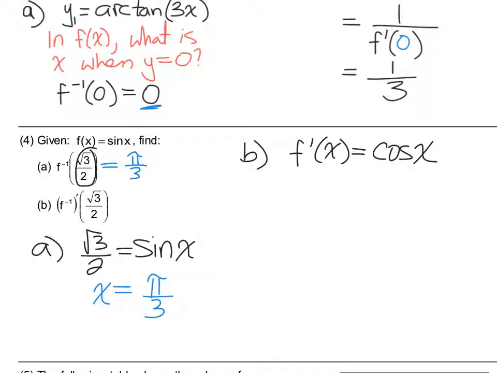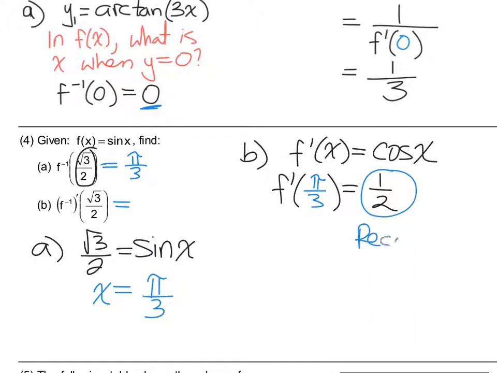And then evaluate that derivative for my answer to part A. So f prime of pi over 3. Cosine of pi over 3 is? 1/2. All right, and so my answer would be the reciprocal of this. Would be 2.